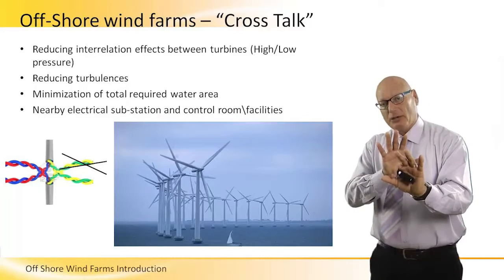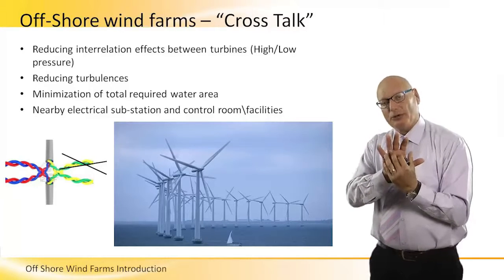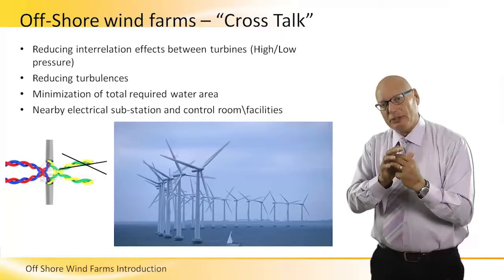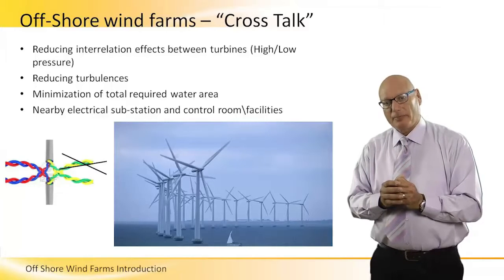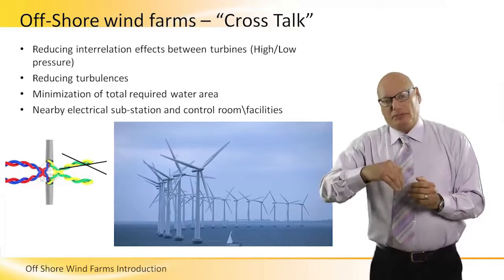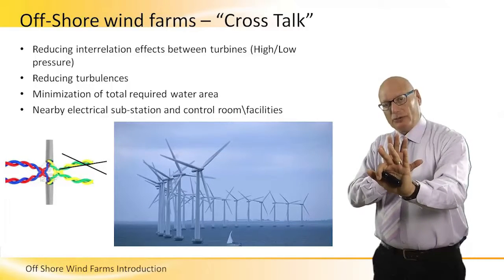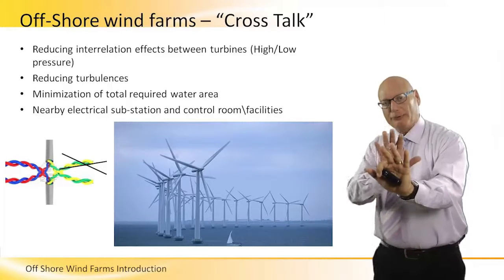The back turbine will not see a nice steady wind coming toward it but a lower level of wind in terms of speed and also turbulence. This is why we have to keep long distance between two turbines which are placed one in front of the other.